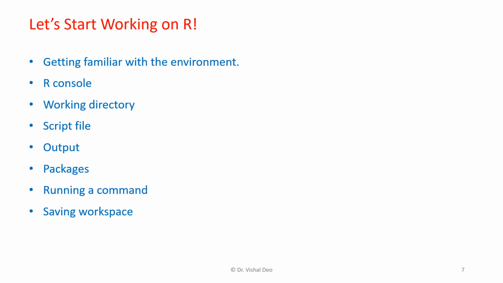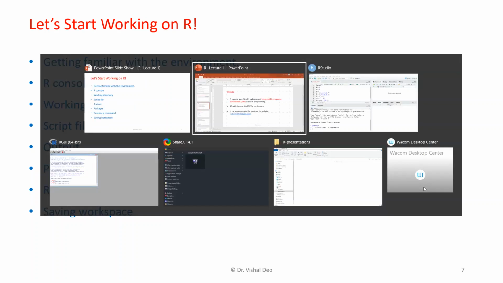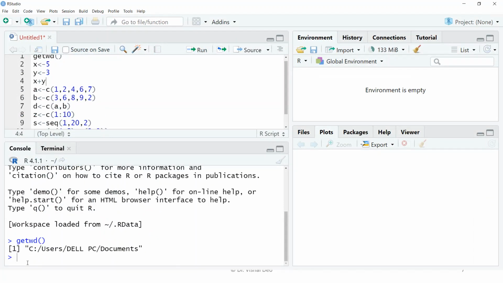So we have seen what the environment looks like and what our console is. Working directory we'll discuss in detail again. Suppose I want to see the current directory we are working on. Either you can type the command here in the console.